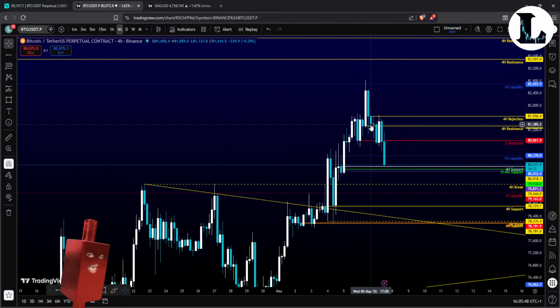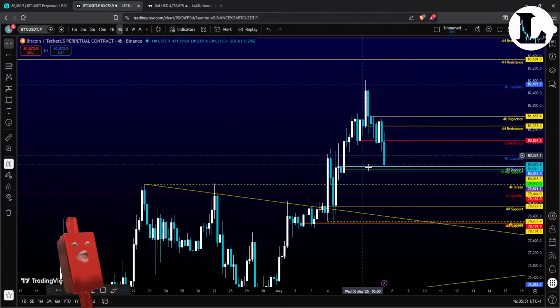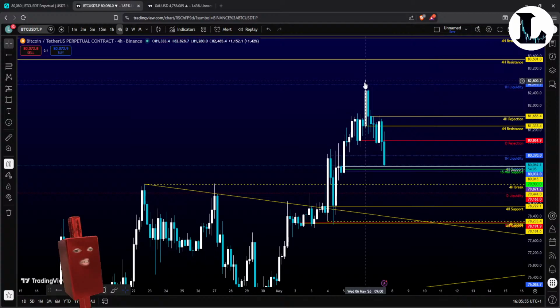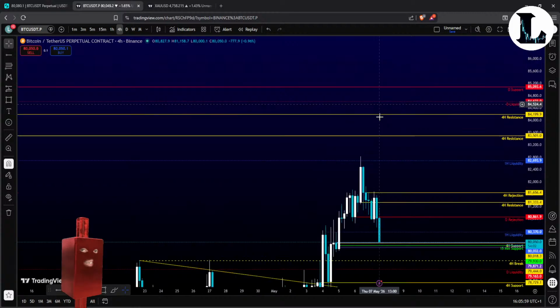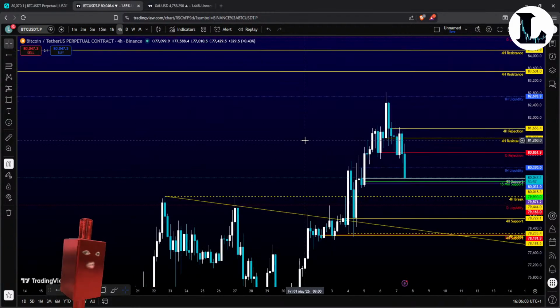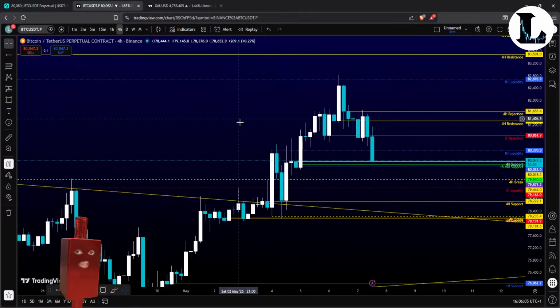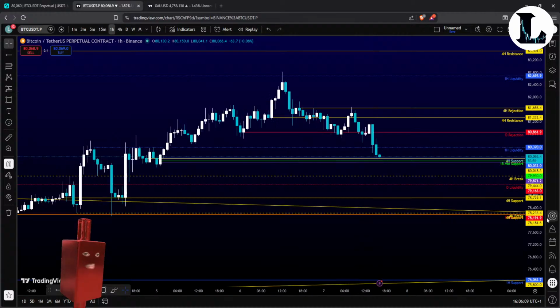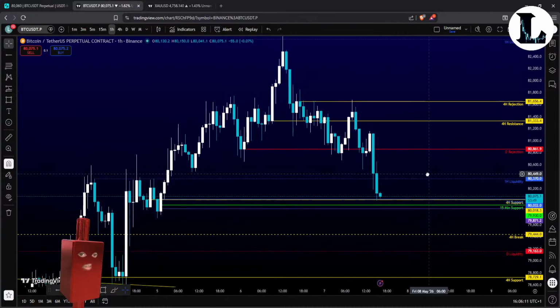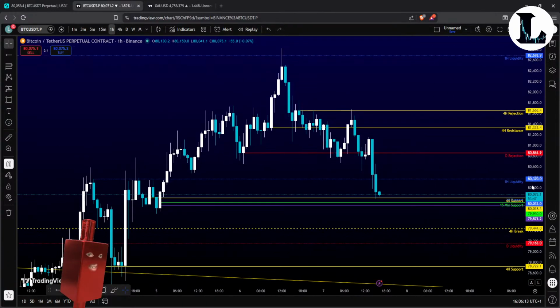And if we have a breakup higher than this 1 hour liquidity, I will talk about these levels. I already talked about these levels on the last stream, so I don't want to go there again and replicate what I said.